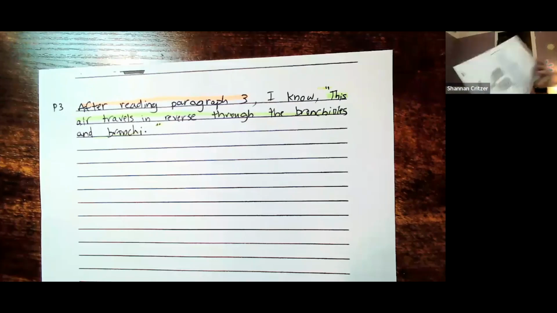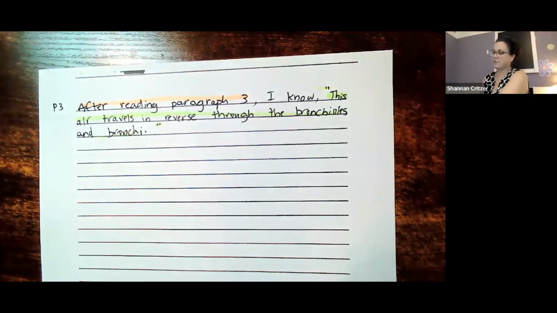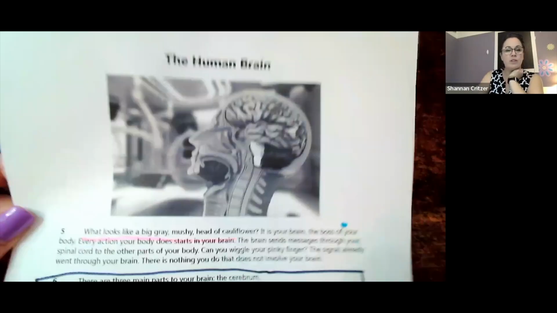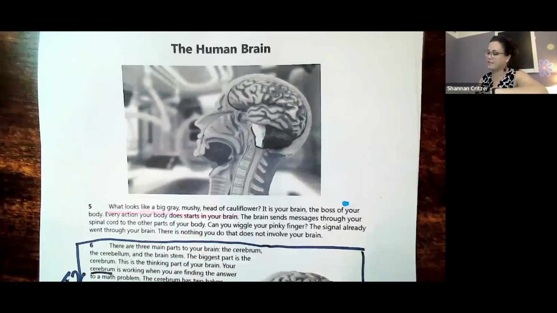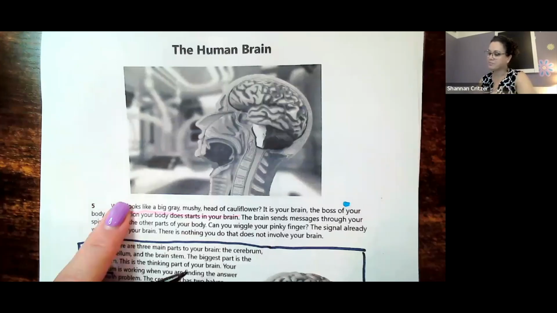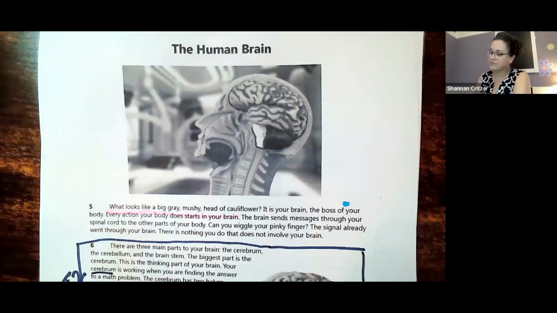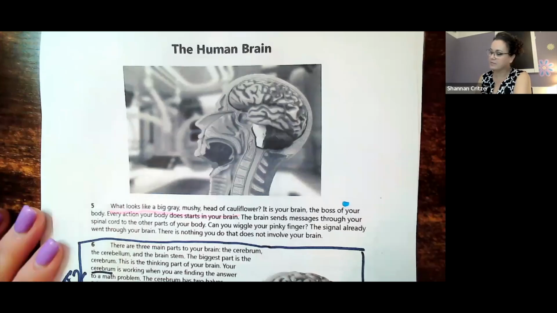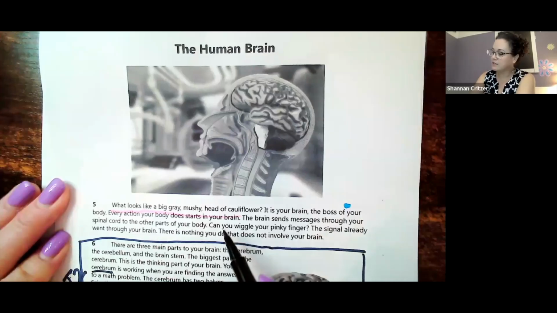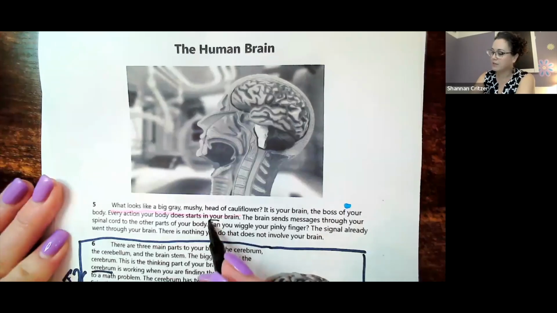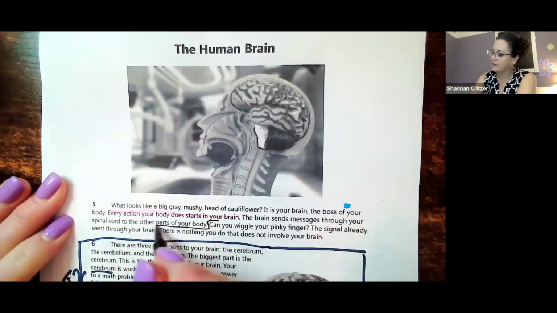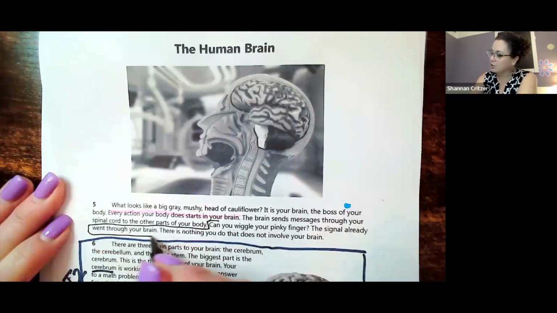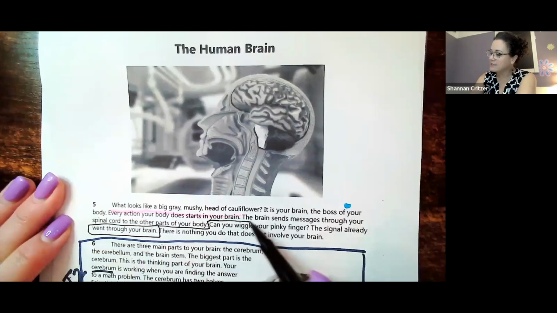Now I want you to turn the page, and I want you to find the cool picture of the human brain, and I want to look at paragraph 5. Let's do this. I'm going to put a box around these 2 sentences.